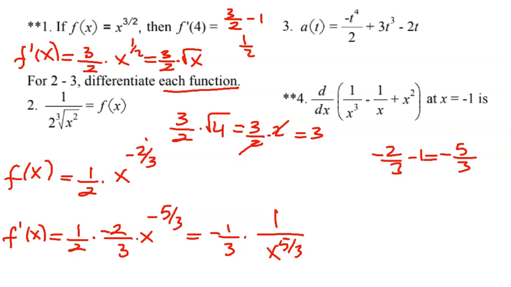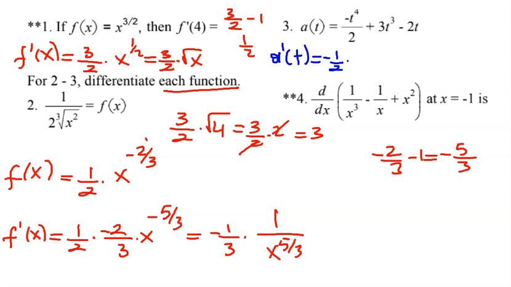And number 3, so a prime of t is going to be equal to -1/2 times, and notice that there's a plus sign, there's a minus sign. Remember the sum and difference rule. So I'm going to take the derivative of this function separately and put them back together as a final answer.